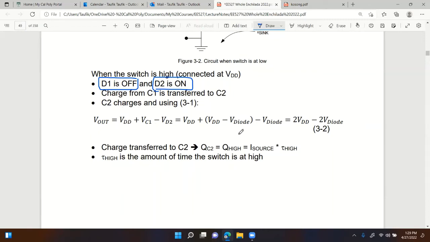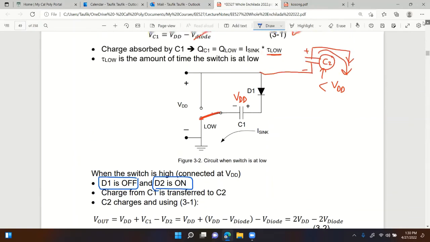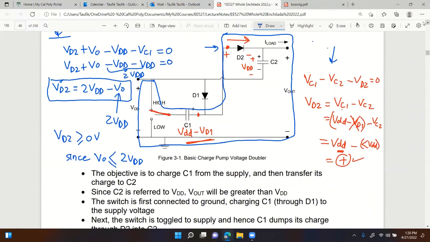V out is equal to, there's the equation for V out, right? Charges from C1 is transferred to C2, C2 charges, and using 3-1, I believe this is the, which loop? Is that the same loop I did earlier? It is, right? It is, yes.